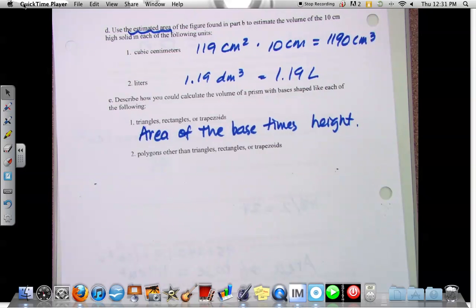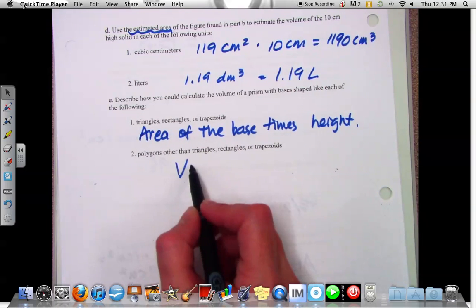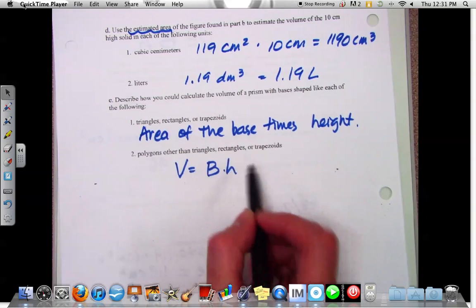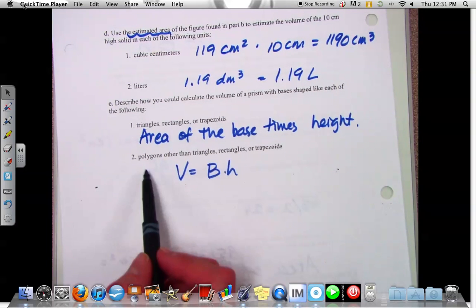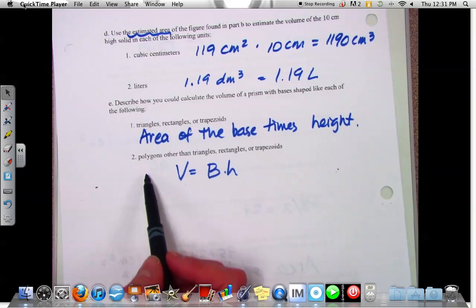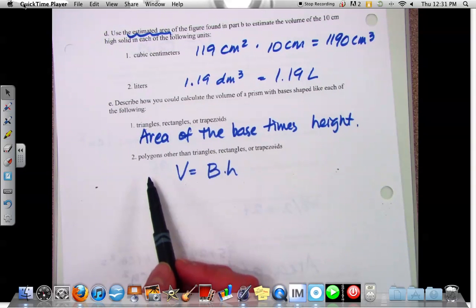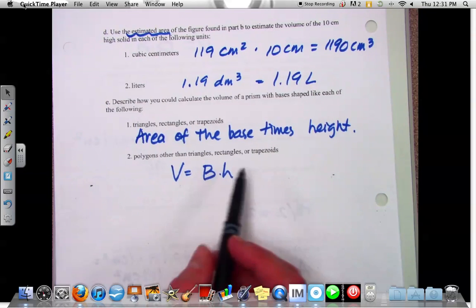Generally speaking, how do we find the volume? Base times height. So if we have shapes that are hexagonal prisms, octagonal prisms, how do we find their volume? Base times height. It's all the same.